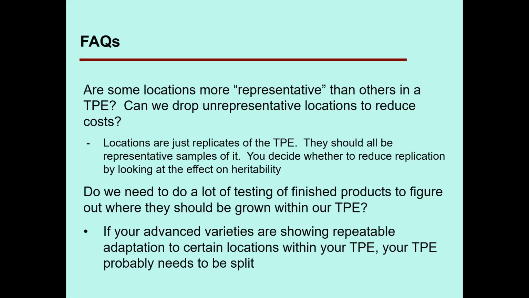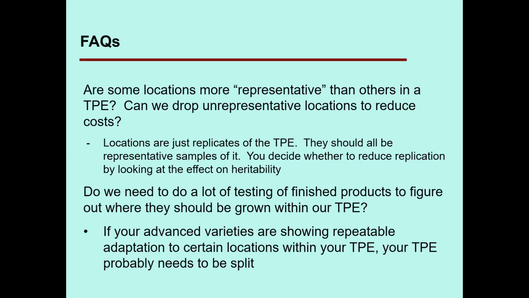Are some locations more representative than others in a TPE? That's a question people often ask. Can we drop unrepresentative locations to reduce cost? If you've designed your TPE properly in your testing system, locations are just replicates. They're just samples of environments in the TPE. They should all be representative. You don't normally decide how many replicates you want in a field trial by deciding whether a replicate is representative or not.